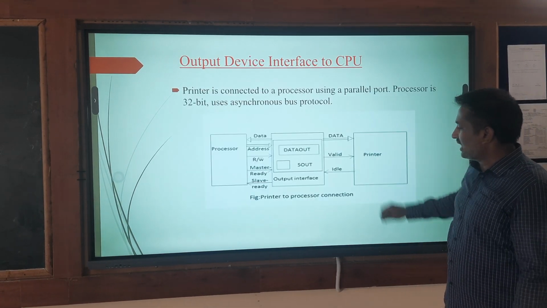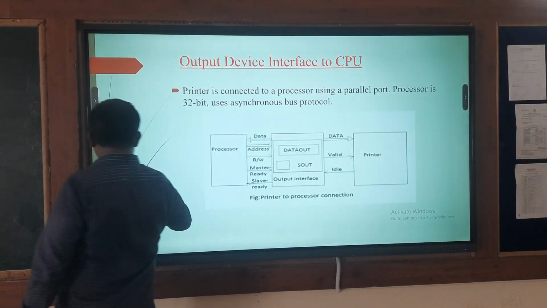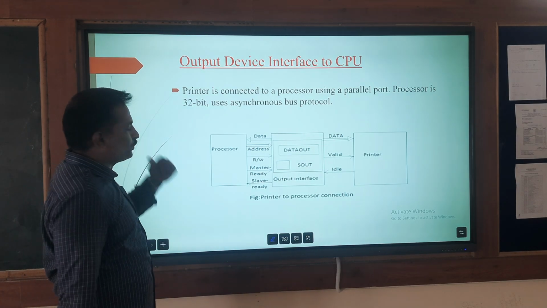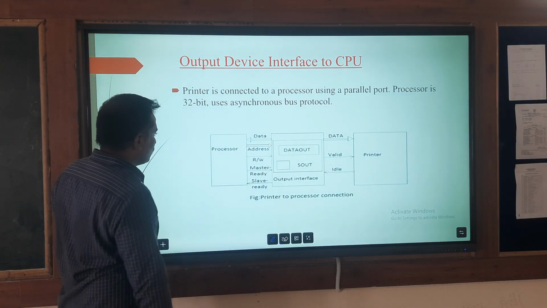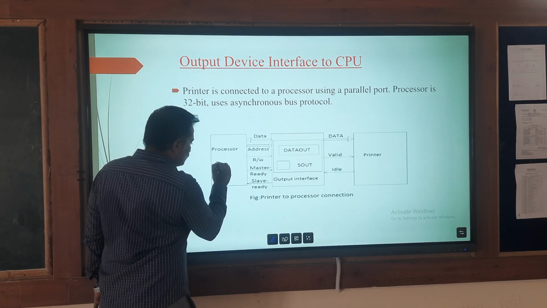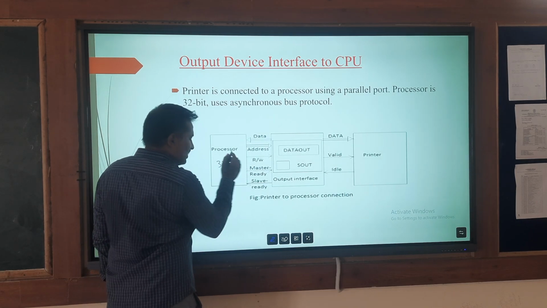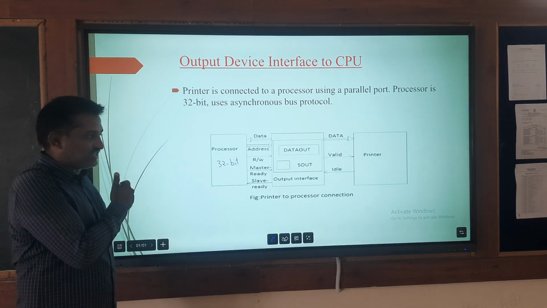Now look at this. This is my output device interface circuit. I am assuming the processor is a 32-bit processor. In the previous case also I assumed the same thing.